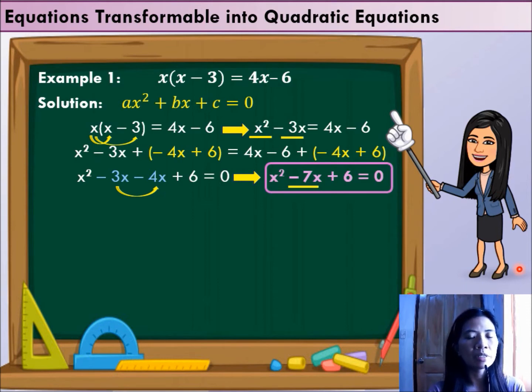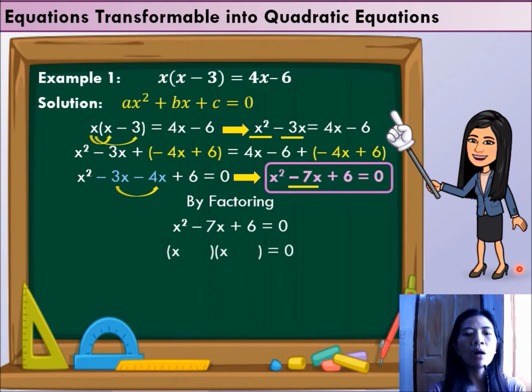So what is the next step? We are going to solve for the solutions or roots of your quadratic equation. From the four methods that we learned, we will use factoring. Let's find the factors of x squared minus 7x plus 6 wherein the product is 6 and the sum is negative 7.